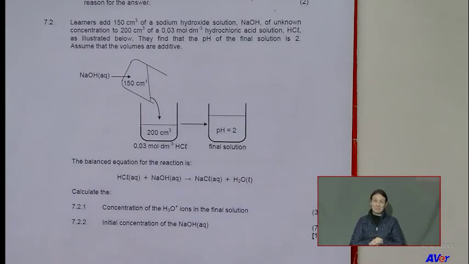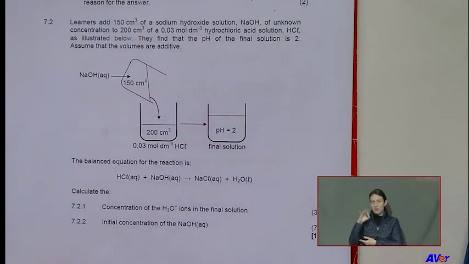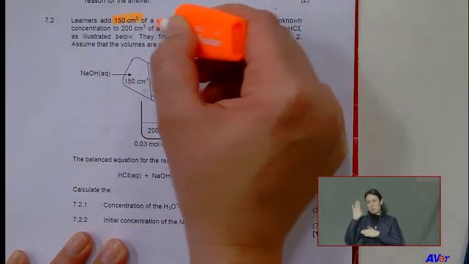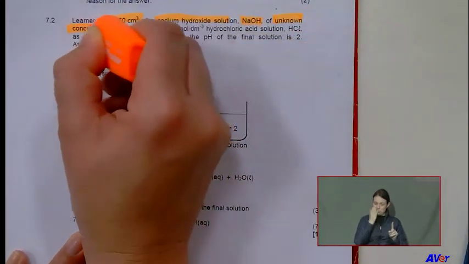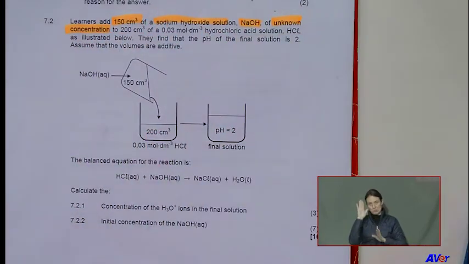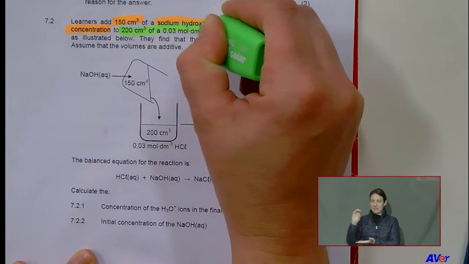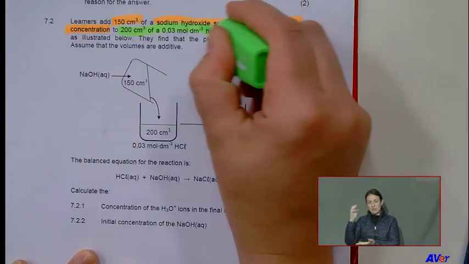Now, learners add 150 centimeters cubed of sodium hydroxide solution of unknown concentration. So we have the volume of the sodium hydroxide, but it has an unknown concentration, to 200 centimeters cubed of a 0.03 moles per decimeters cubed hydrochloric acid solution.